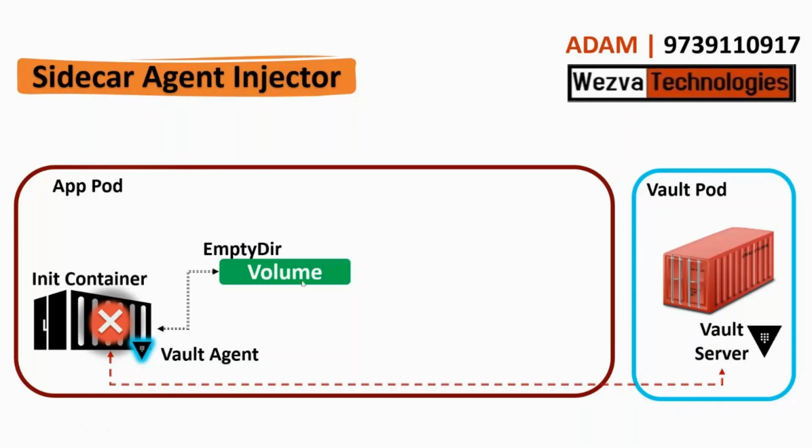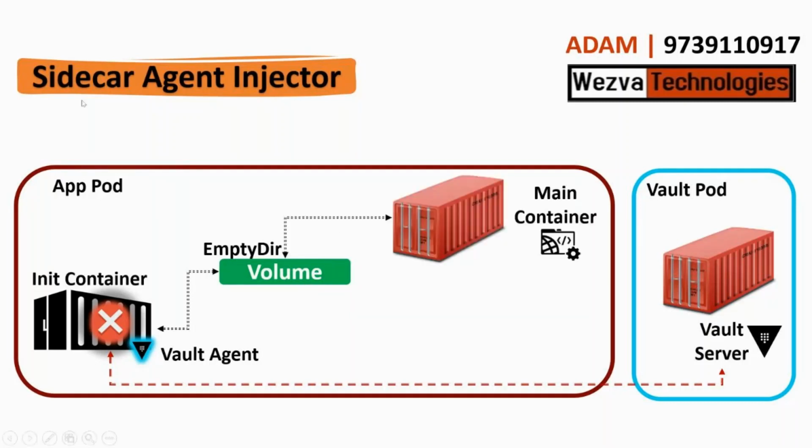And then the pod will go ahead with creating the main container. And this is where your actual application will be running. So when your main container runs, it will mount to the same volume, which is of the type emptyDir.